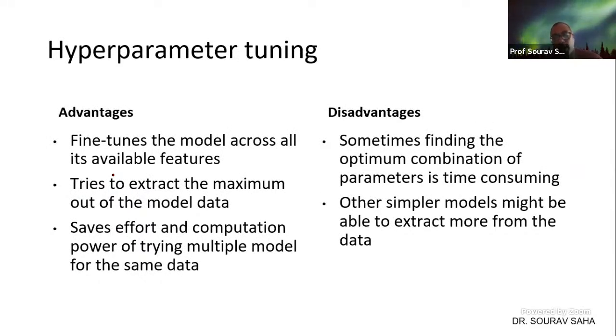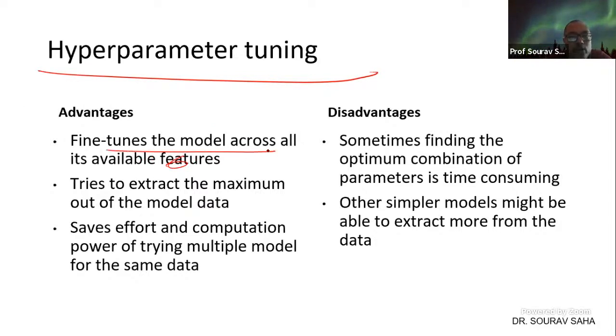So that brings us to this hyperparameter part. We have discussed hyperparameters during our decision tree classes, right? So what you need to do is some kind of hyperparameter tuning, and what this will do is fine tune the model across all the available features and try to extract the maximum out of the model.